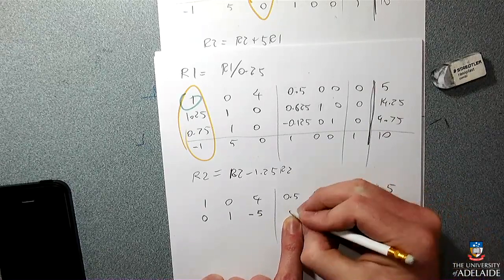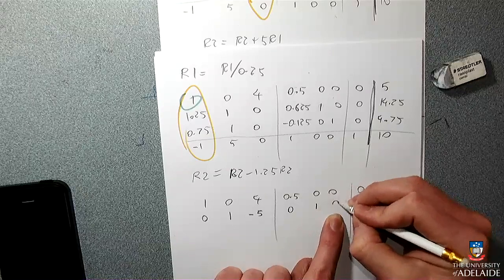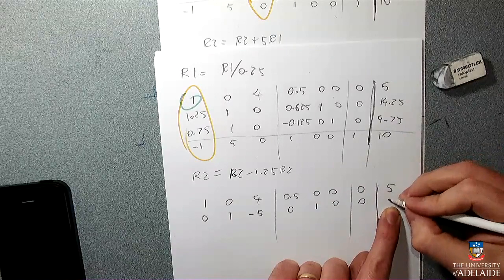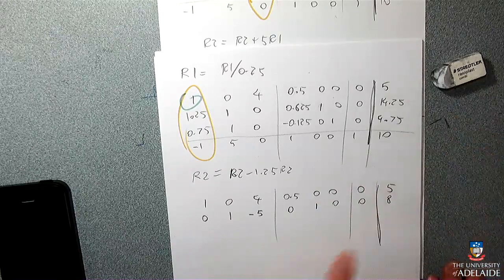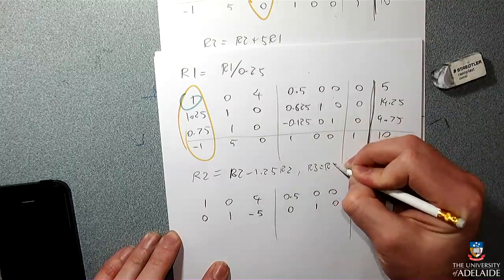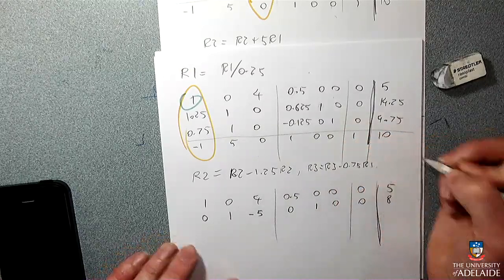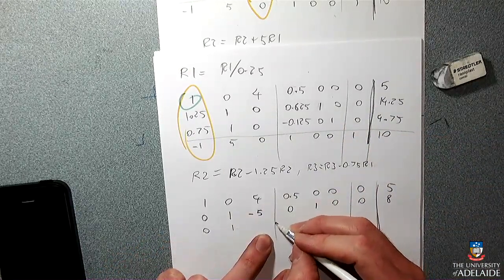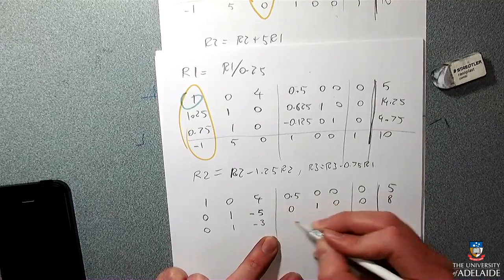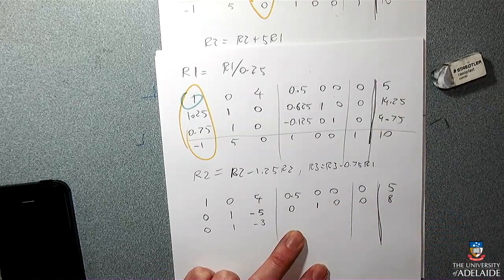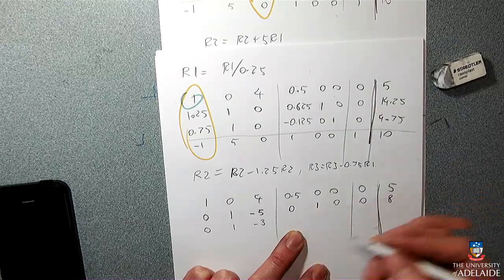Cool. Well, that's going back to where we were. How interesting. Cool. So 0, 1. 0.75. This is going to be even more negative.